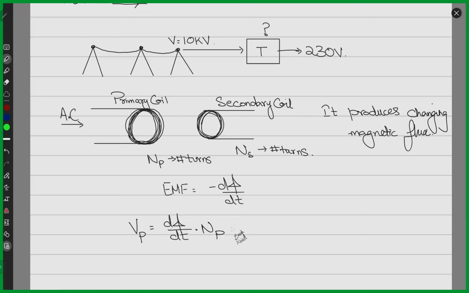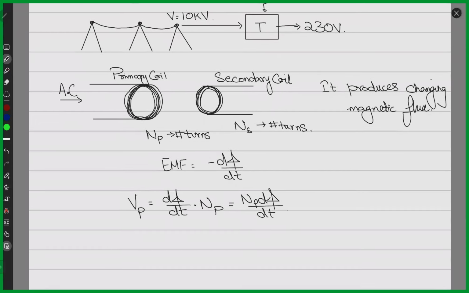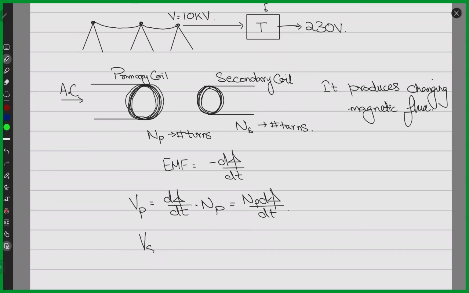So this is then just NP d phi by dt, and this will give you the EMF that is induced in the primary coil. In exactly the same way, you can write down an equation for an induced EMF in the secondary coil as NS d phi by dt.